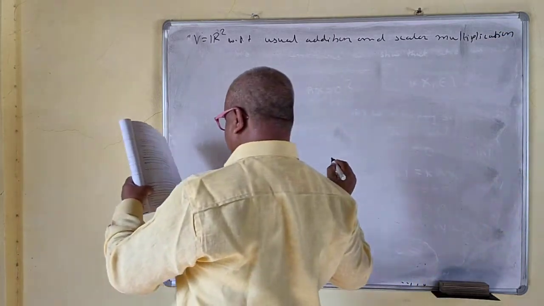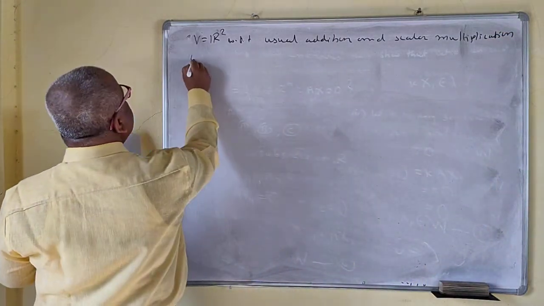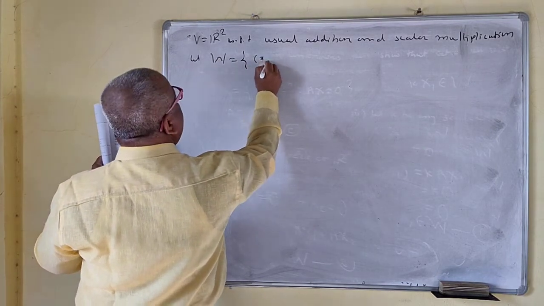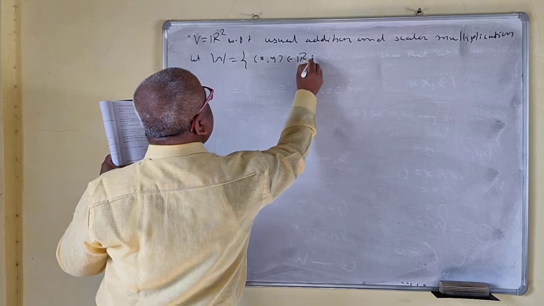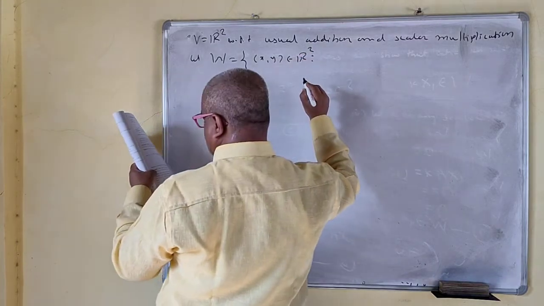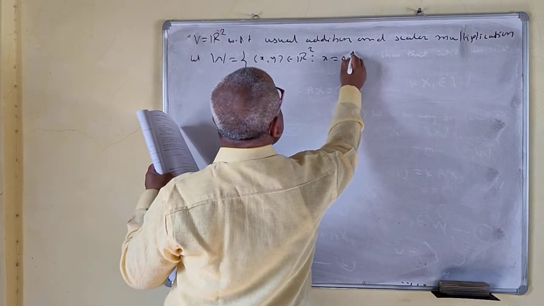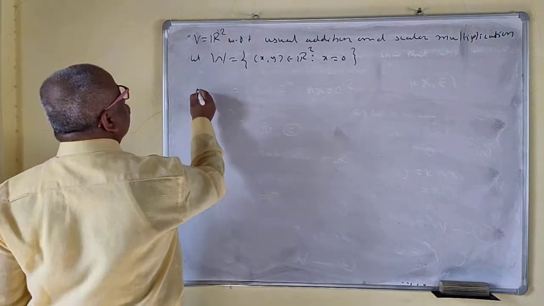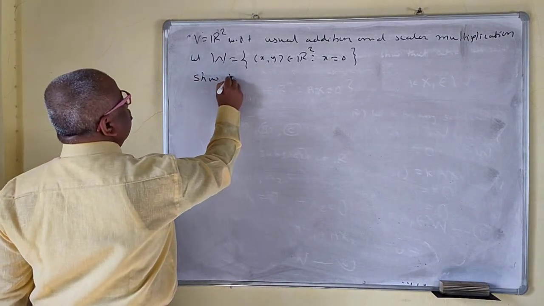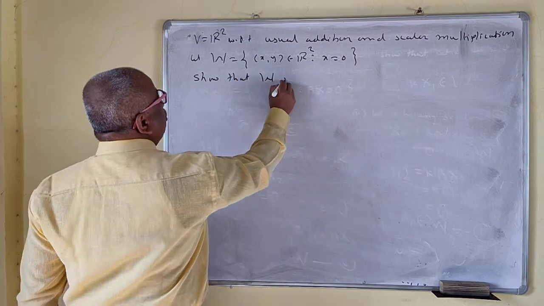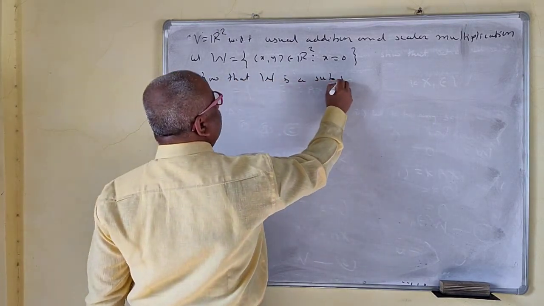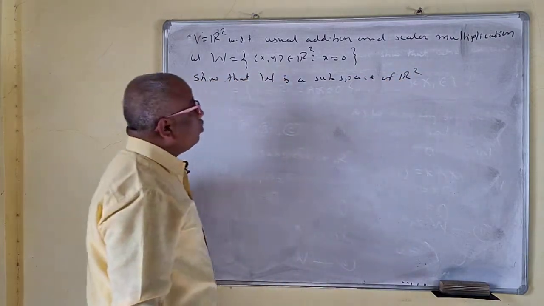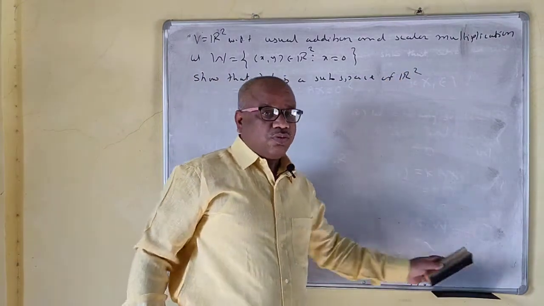Let W be equal to the set of all vectors in R2 such that x is equal to 0. Show that W is a subspace of R2. Okay, so we will prove this one.